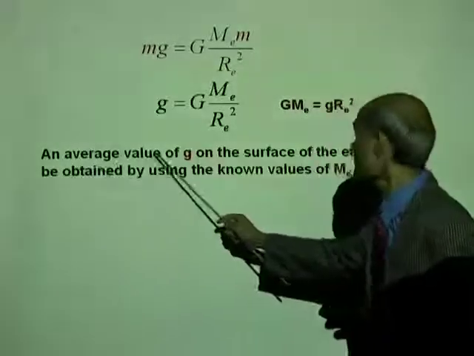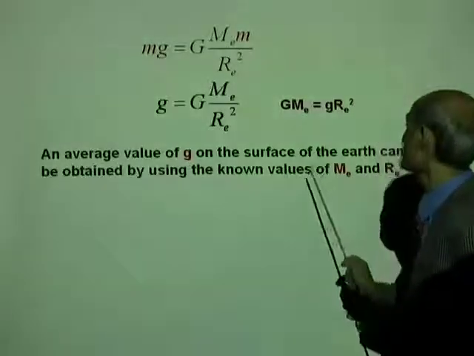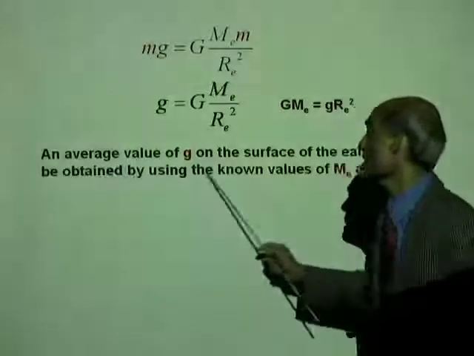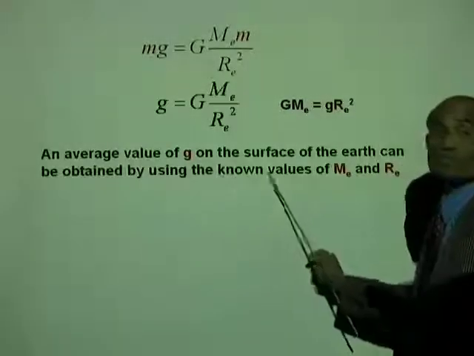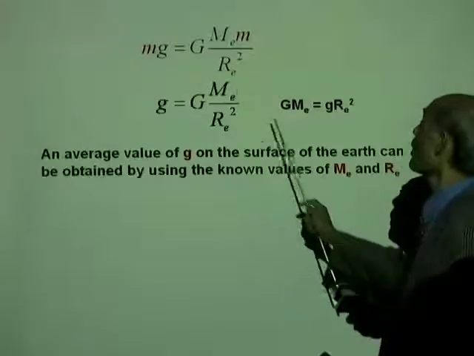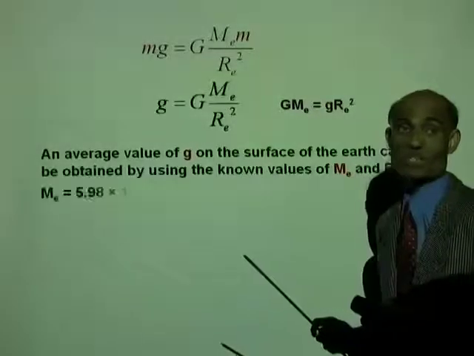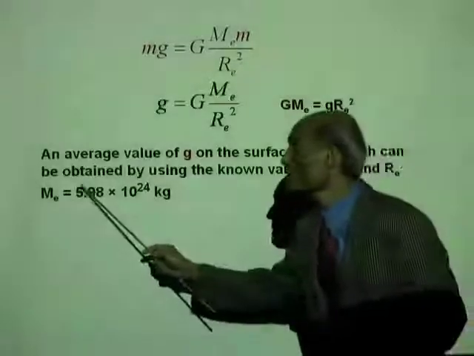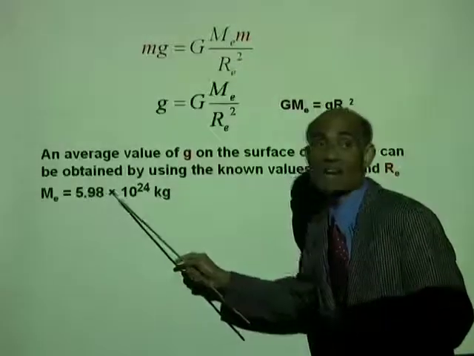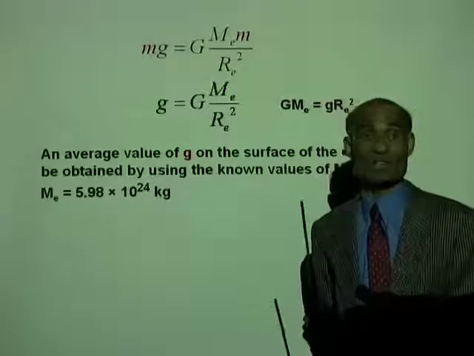So an average value of g on the surface of the Earth can be obtained by using the known values of mass of the Earth and the radius of the Earth. You can actually do that. The mass of the Earth is 5.98 times 10 to the 24 kilogram.